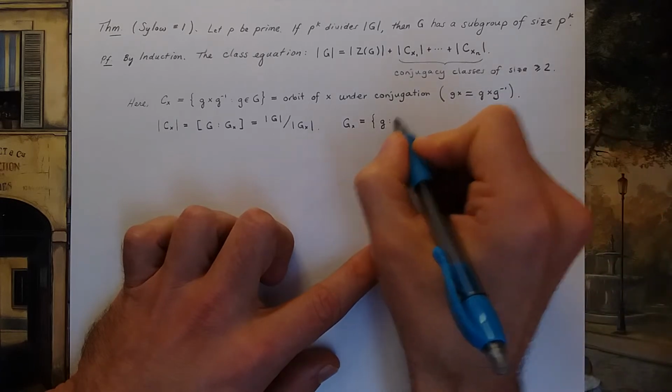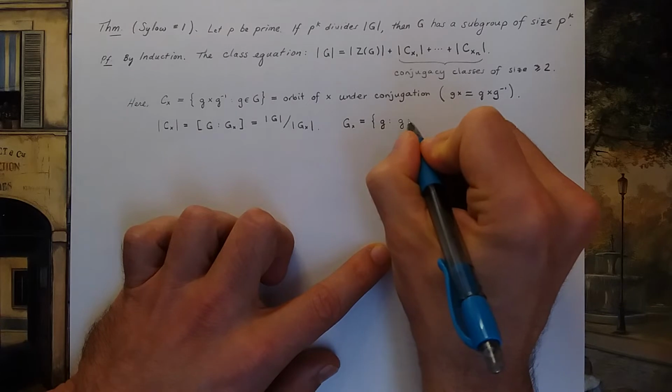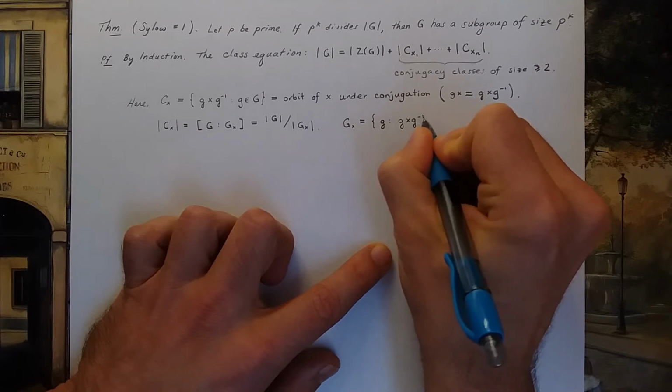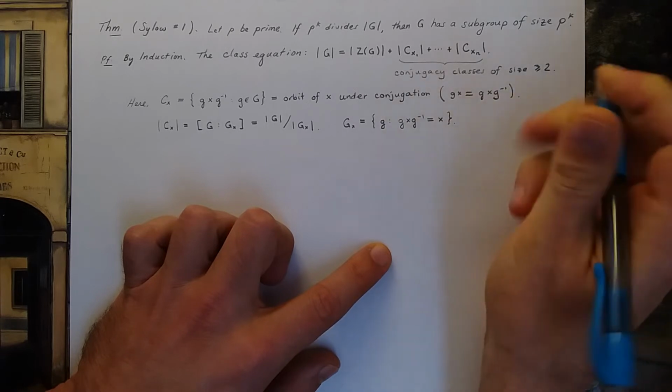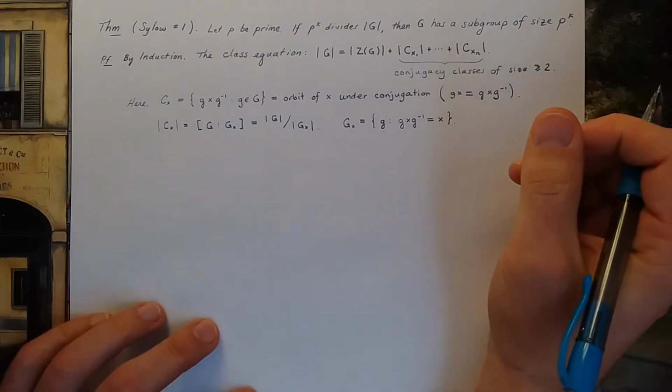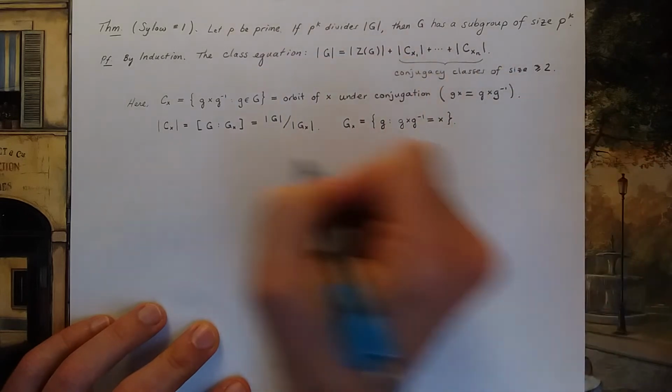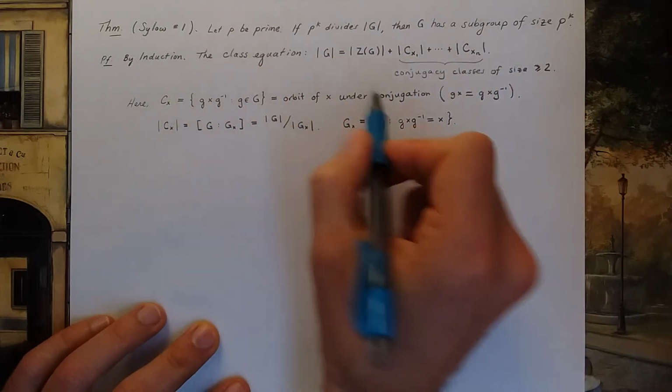So it's the set of group elements such that g x g inverse is just equal to x.